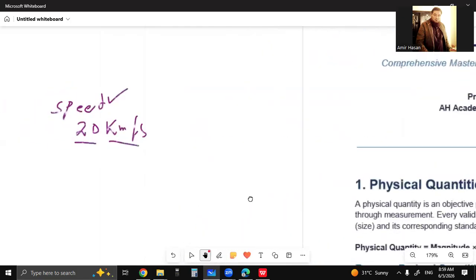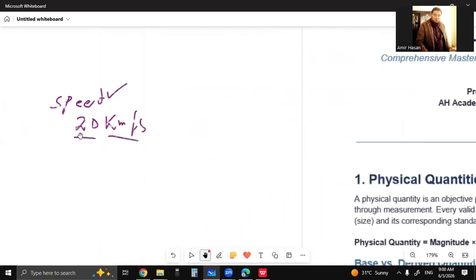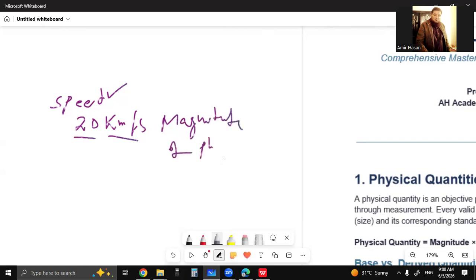Every physical quantity we represent with a number and unit. This is called the magnitude of the physical quantity. Clear, students? This is called the magnitude of the physical quantity.